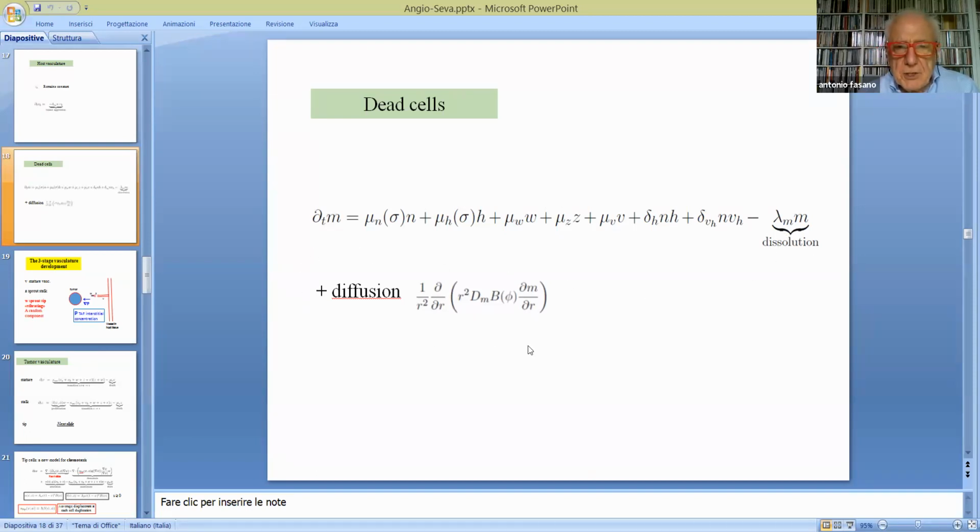And in addition, we have some diffusion, which also plays some role.